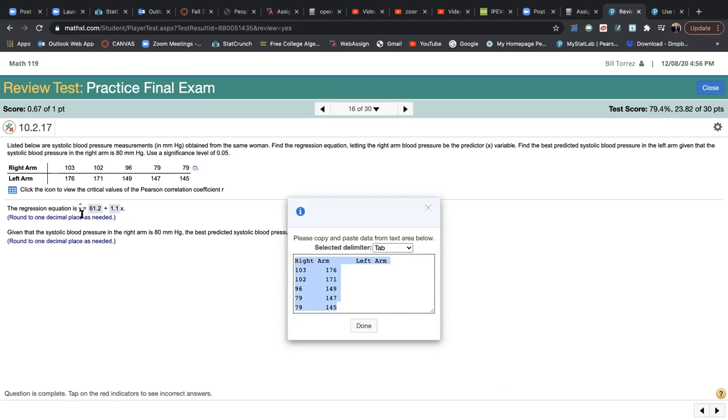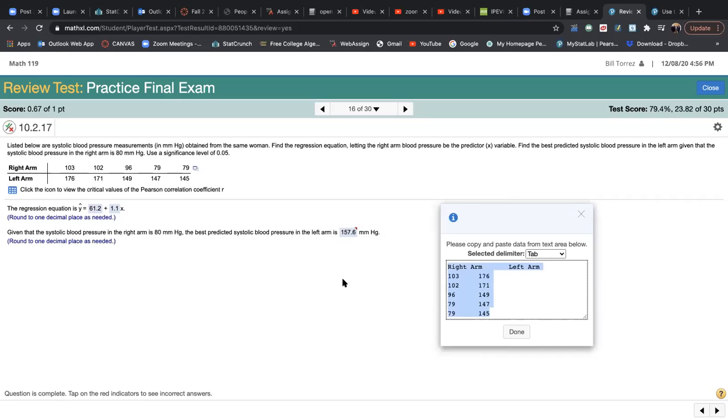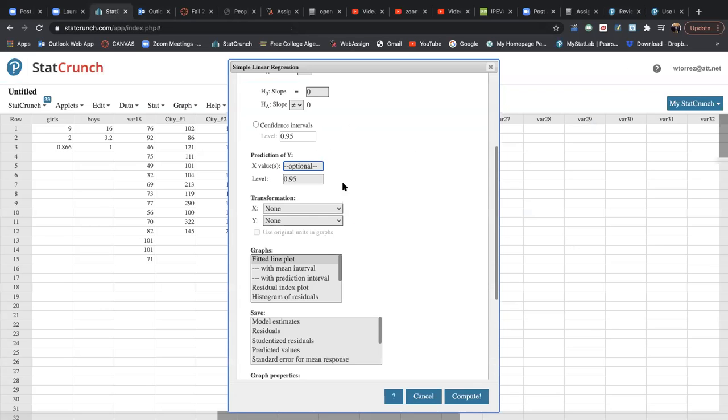We could do that, so let's see what we get. First, let's calculate the regression equation back in StatCrunch. Just for fun, I'm going to put in a value there of 80 systolic.